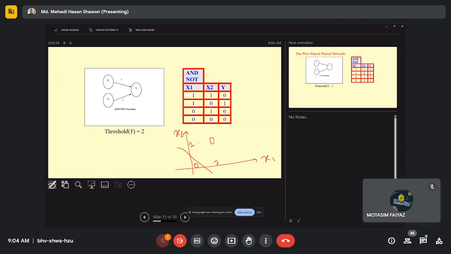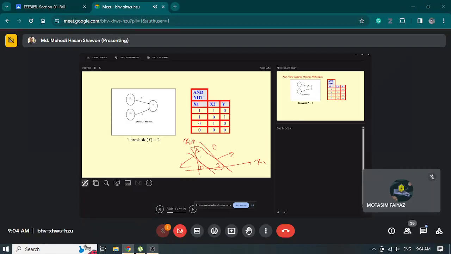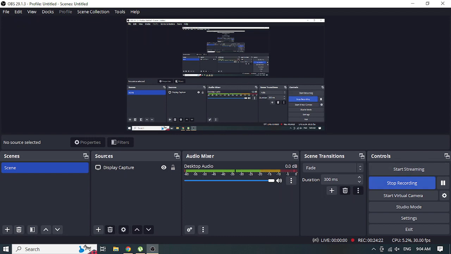But what if I draw two straight lines and say whatever is on the right hand side of this line is negative, whatever is on the left hand side of this line is negative, and in between, everything will be positive. So it solves the problem, right? If we have two lines, does it solve the problem?